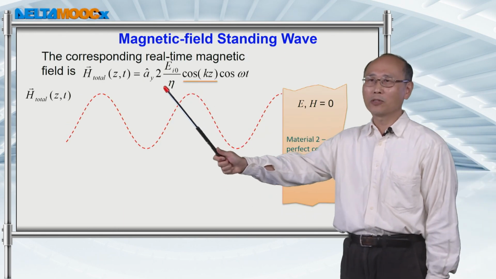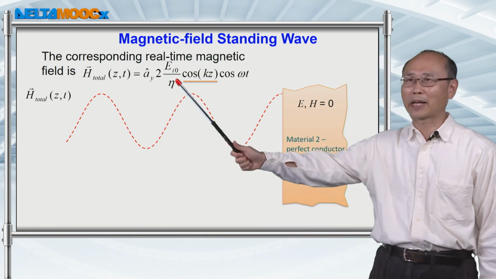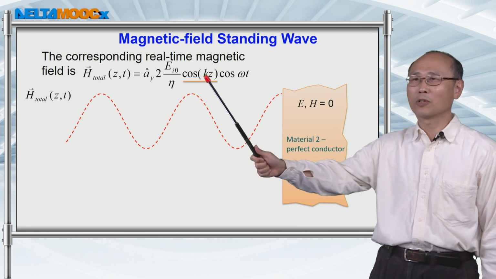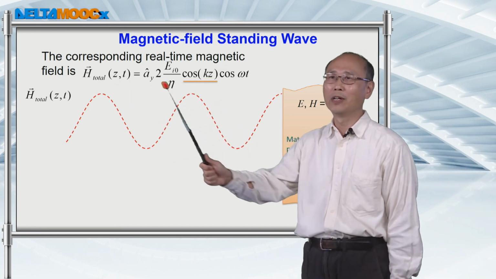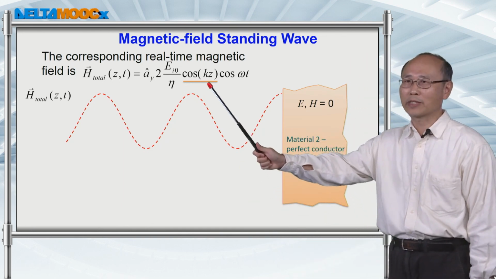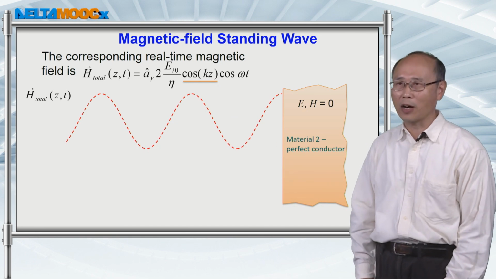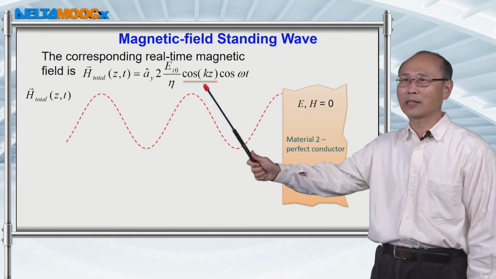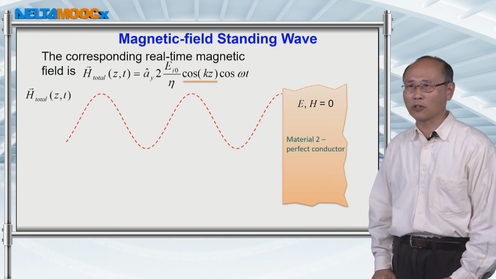And we can also plot the field pattern for the magnetic field. If we convert the phasor expression of the magnetic field to a real expression, then you can also see this cosine kz in this expression, which is independent of time. It just tells you that this pattern is fixed in space and does not change over time.